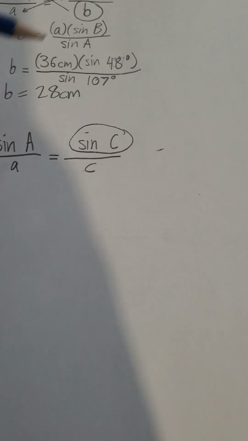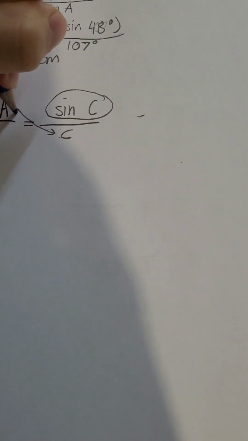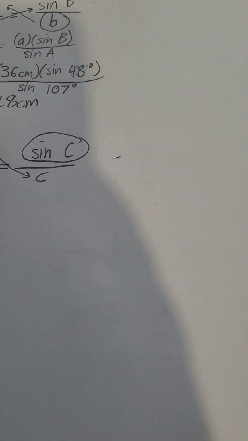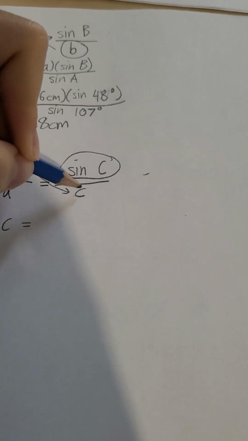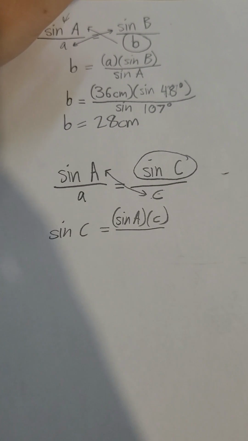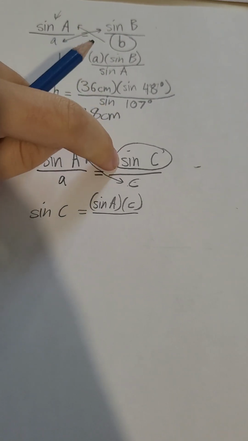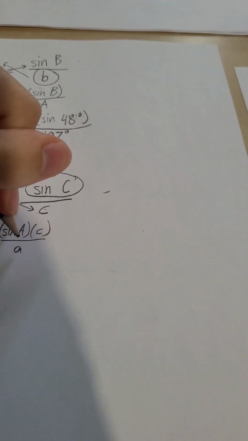And so over here we know with the cross multiplication method that we do the opposite pair, which is sine A and C. And when we write our equation for sine C, we have sine A and C together as the numerator on top. So sine A multiplied by C. And then the last part of the equation, which is A, because we're solving for sine C, so we're not going to put that under here. We're going to put A under A.